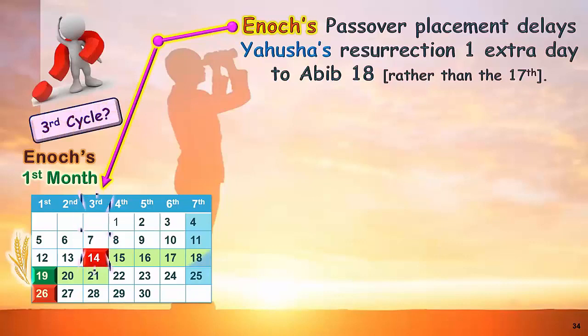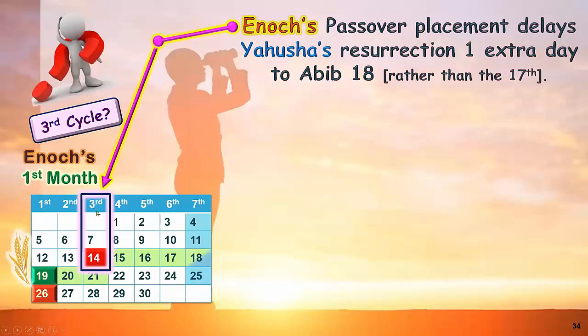Enoch's Passover placement delays Yahusha's resurrection one extra day to Abib 18 rather than the 17th. See, if we take this Enoch calendar and we go to the year that Yahusha was crucified, then Passover must be, according to Enoch, on the third cycle of the week.